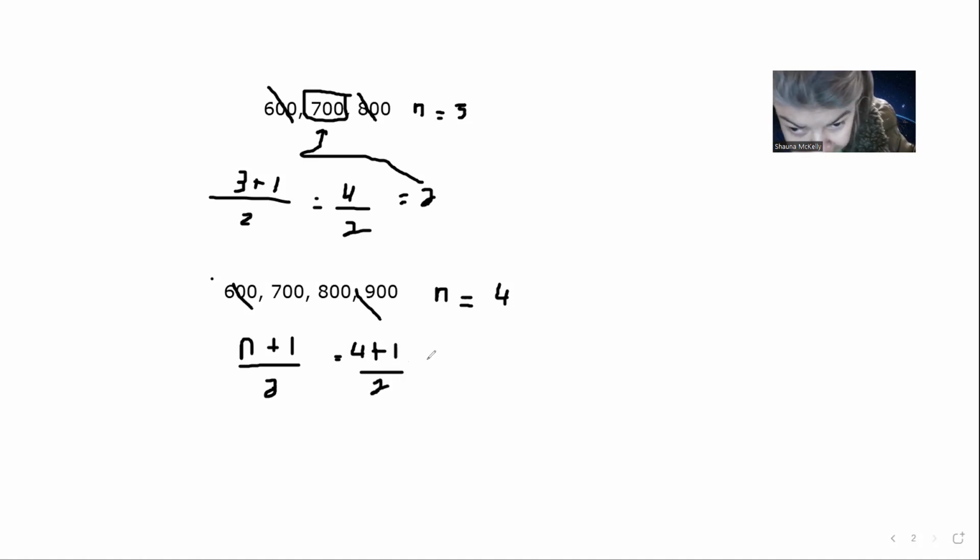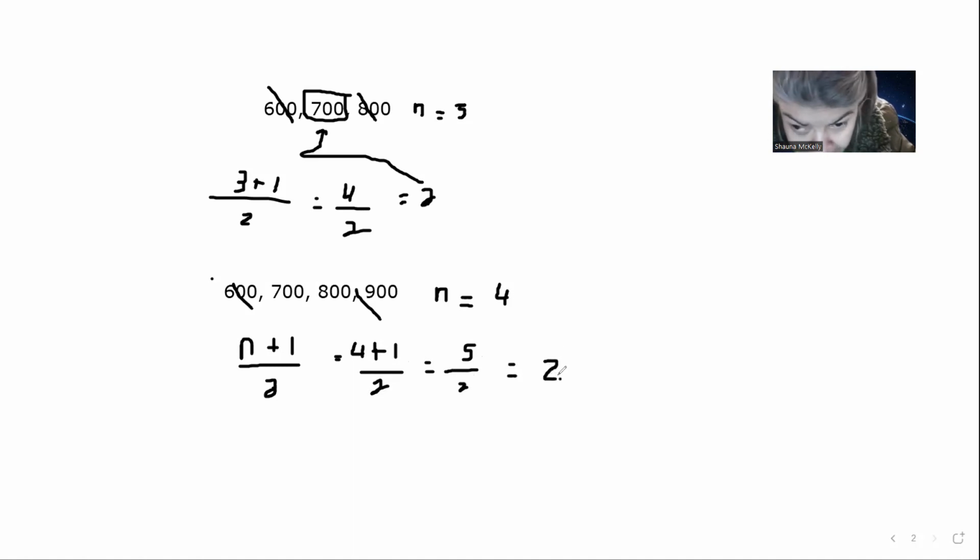Remember, this is a location. It's going to be a decimal answer. This is 5 over 2, which is 2.5. So this is going to give you 2.5. What does that mean?